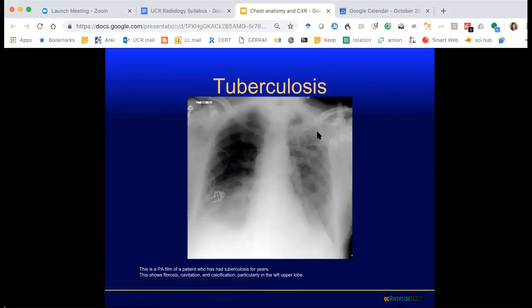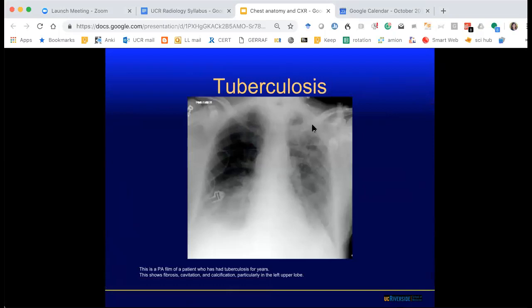But here we see this. So where is the abnormality? Yeah, left apex. And what do you see in the left upper lung fields? There are interstitial markings, and it's not really projecting well, but there's a cavity, here.